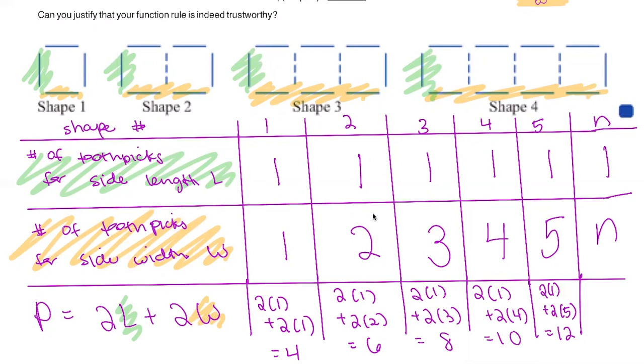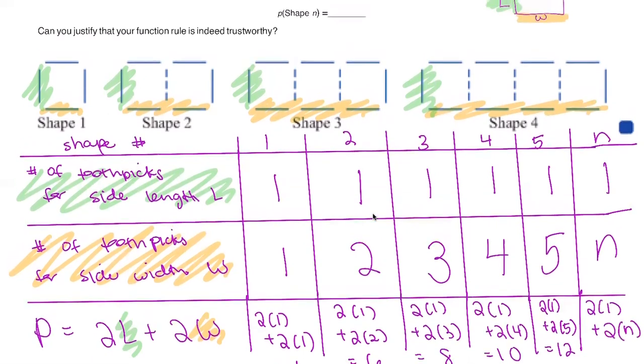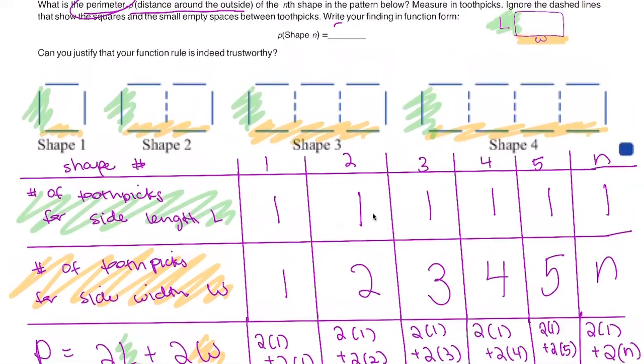So that 12 was for the outside number, toothpicks for 5. That looks good. And so for N, it's 2 times the length, which is 1, plus 2 times the width, which is N. So for the perimeter of shape N, we're going to get 2 plus 2N. Or you can keep it as 2 times 1 plus 2 times N, either one.